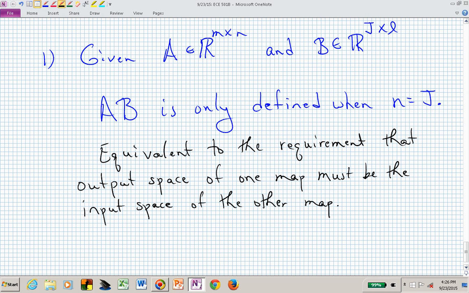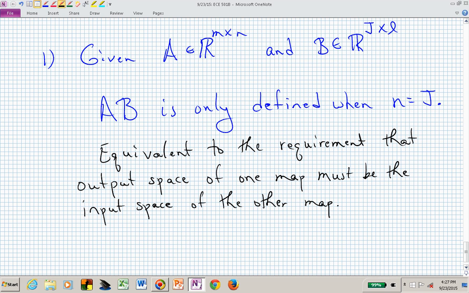But the result of B times X, where's that going to map you? Into what space? That'll be the output space of B, and that's going to be this J-dimensional space. That needs to be equal to the input space that A is expecting.